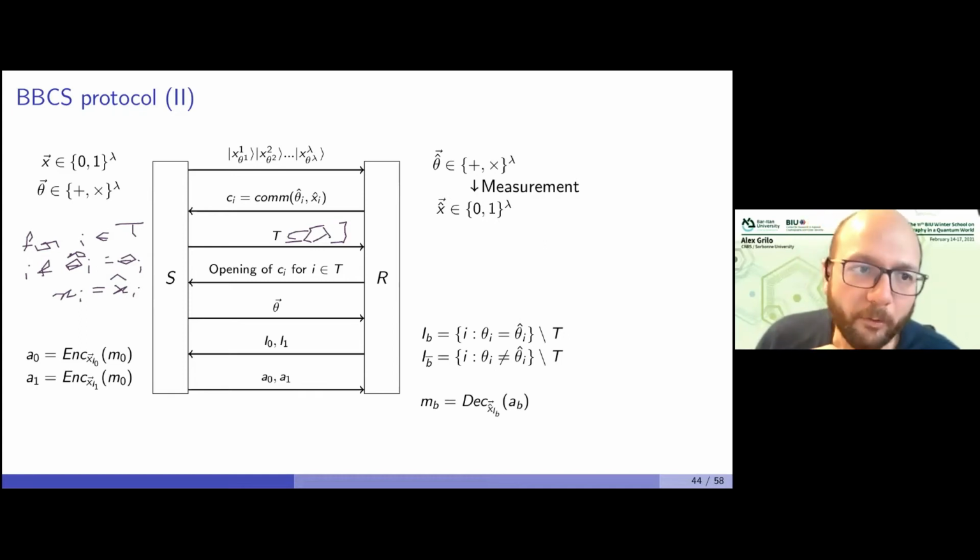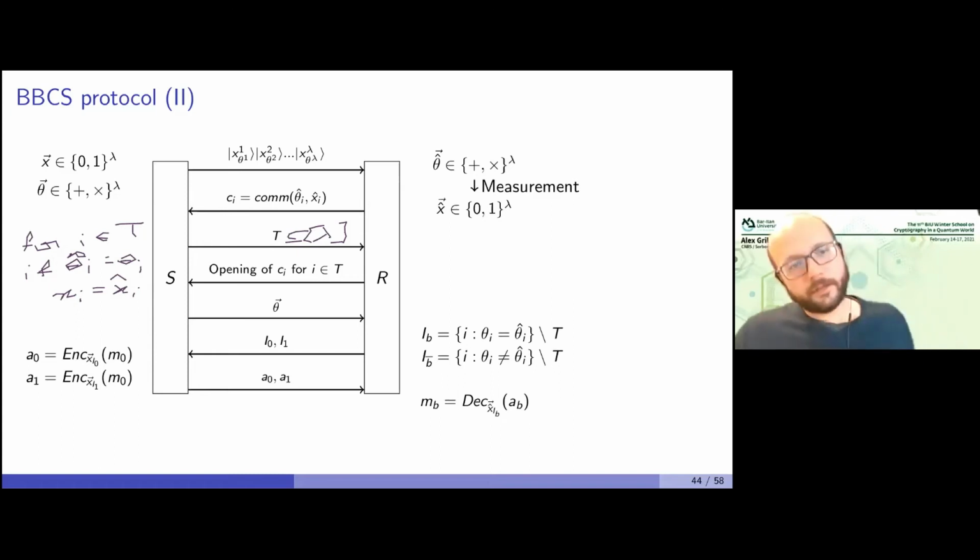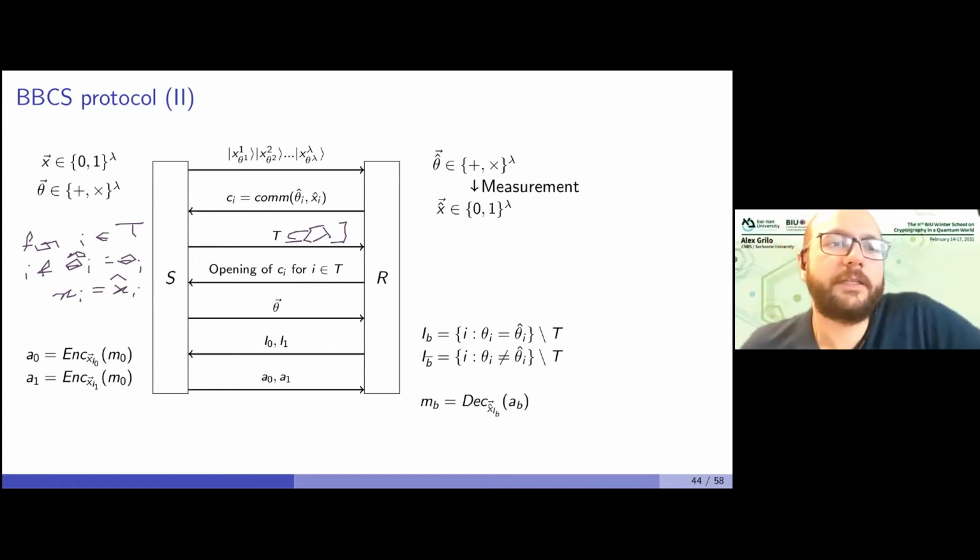Because the point is, whenever the two bases match, the two bits should be exactly the same. If the sender did not detect any suspicious action from the receiver, then they just continue the previous protocol.